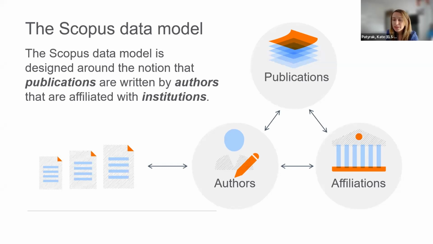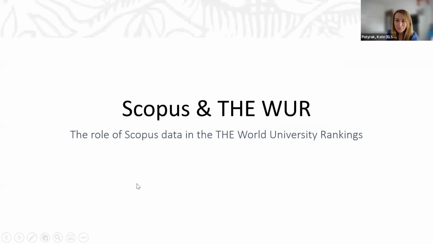We can also look at the publication history of an author, zoom out to the country or institution level, or zoom back into a single publication. By tracking the references of publications, we can also investigate the impact that a single publication has had.